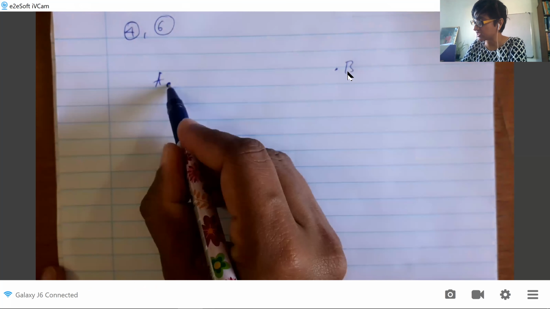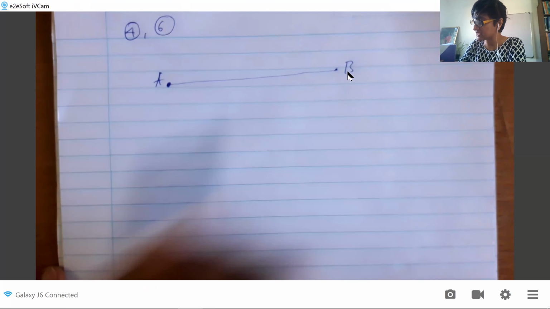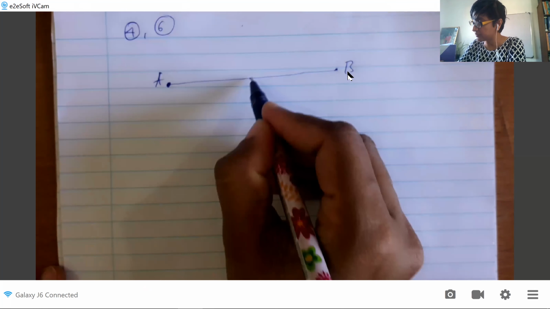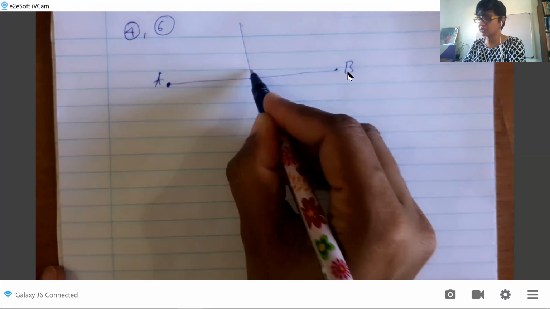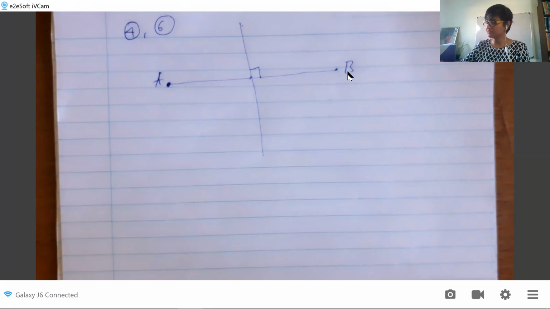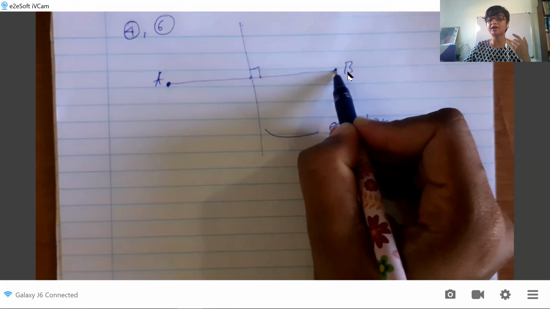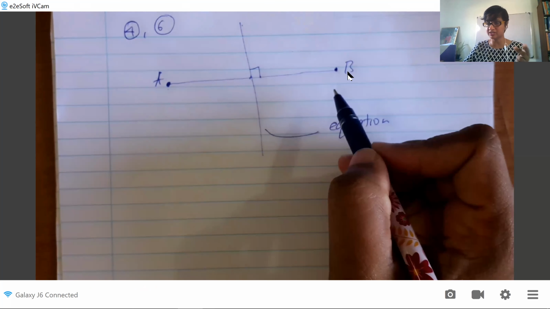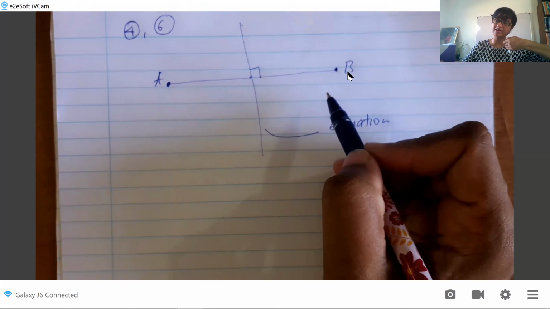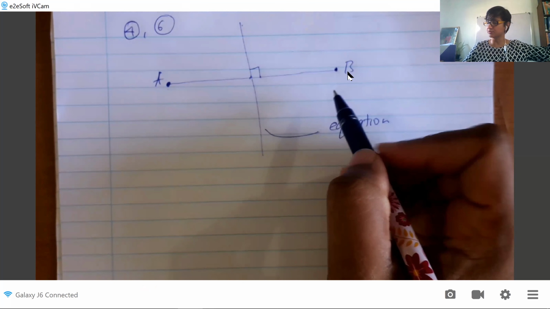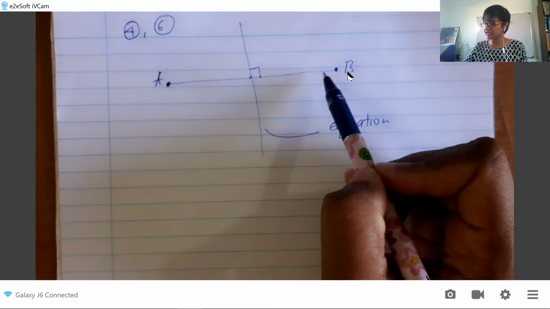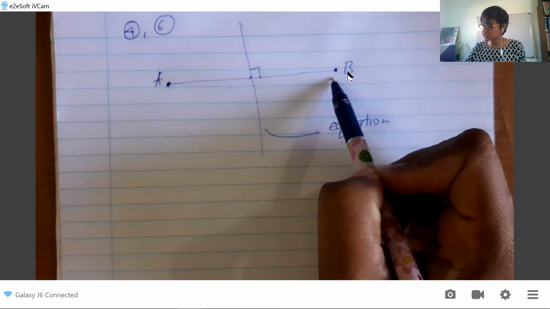So here's the line joining A and B. The perpendicular bisector is the line passing through the midpoint, perpendicular to AB. You have to find the equation of this. Point A and point B are the 2 points you found in part 1, the 2 intersection points of that curve and line. The curve and line, now you can forget. You just need these 2 points, and you want to find the equation of the perpendicular bisector of this line.